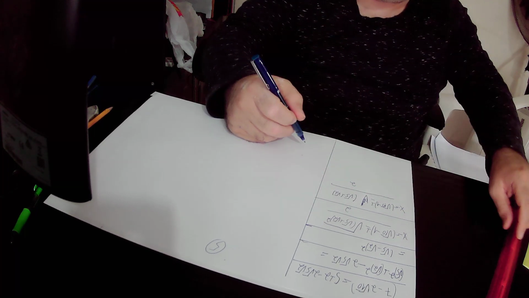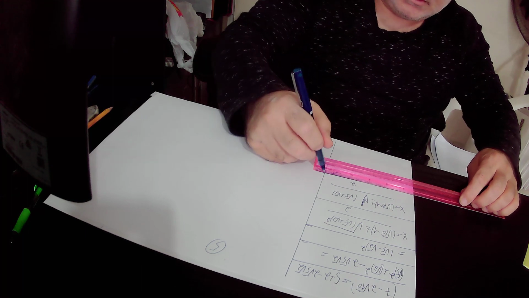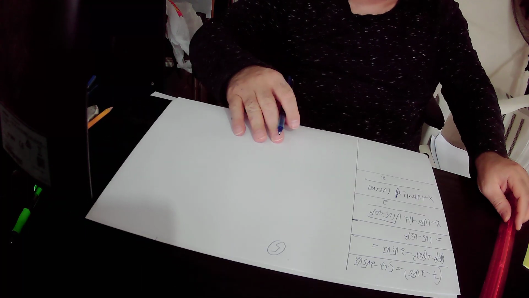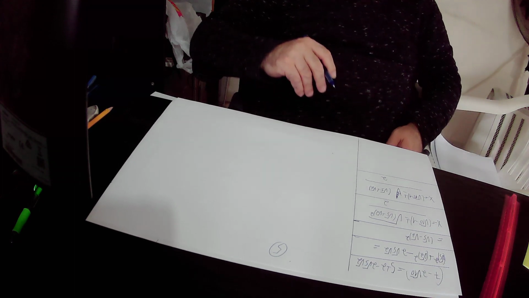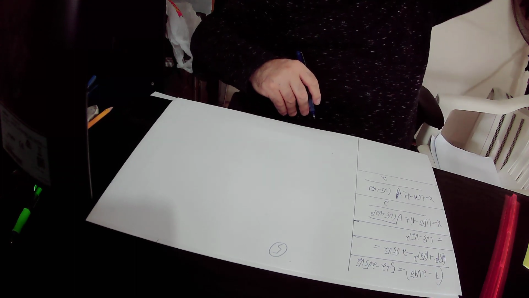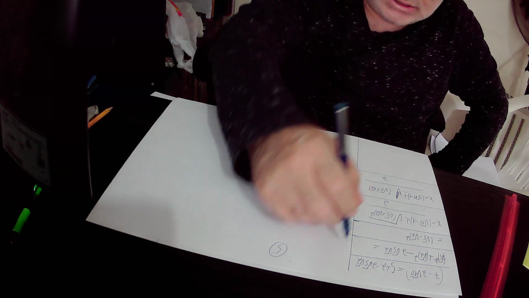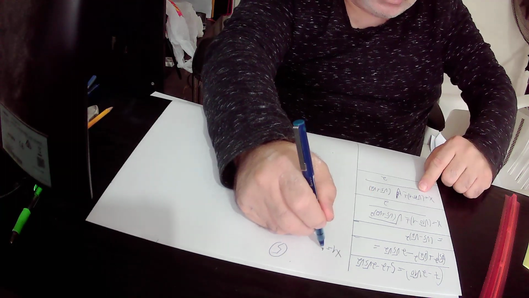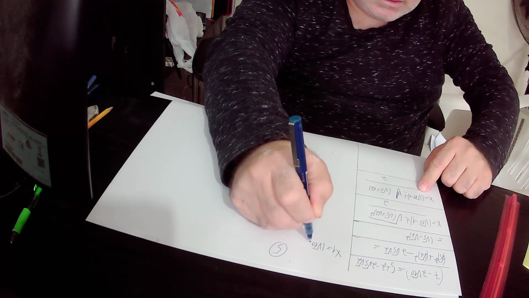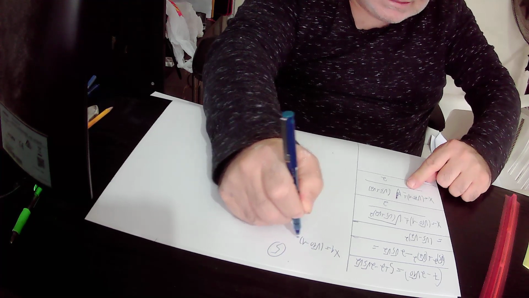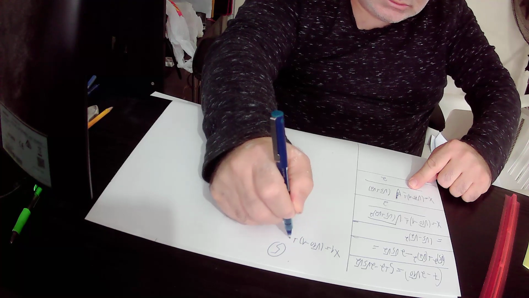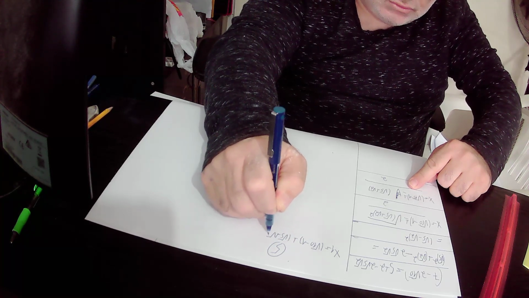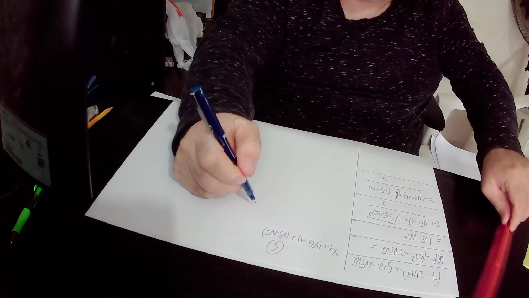So we will have two solutions that are possible for x. We will define the first solution as x1 and the second solution as x2. So the first solution, x1, will be equal to square root of 10 minus 1 plus square root of 5 minus square root of 2. This is the first solution.